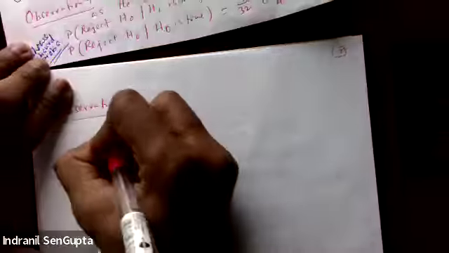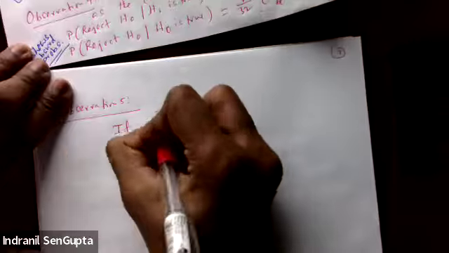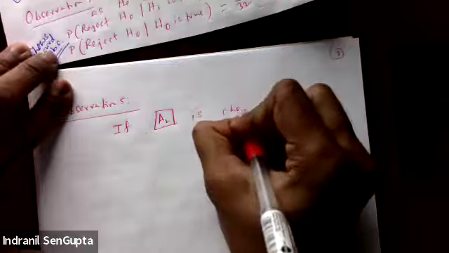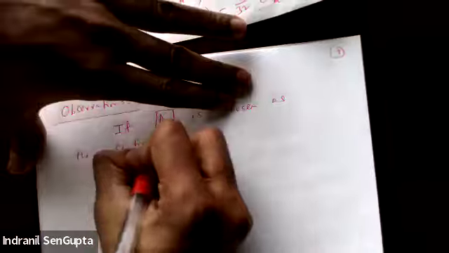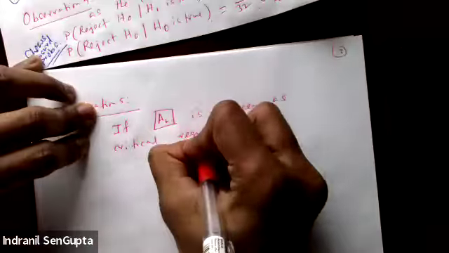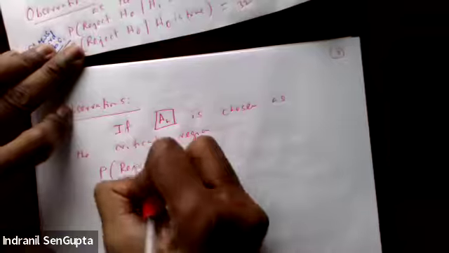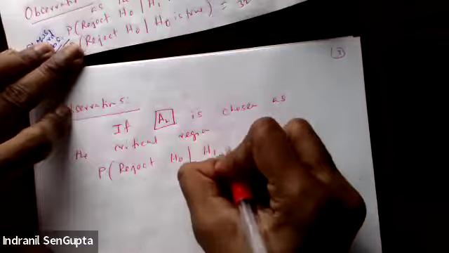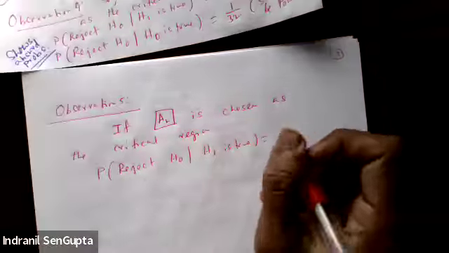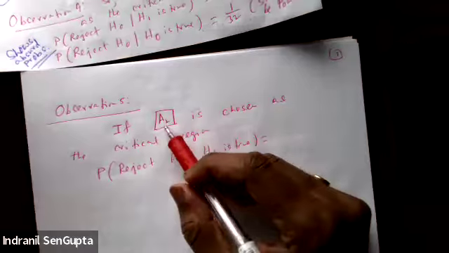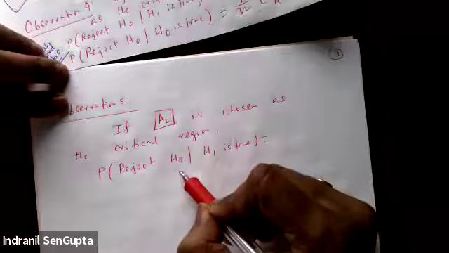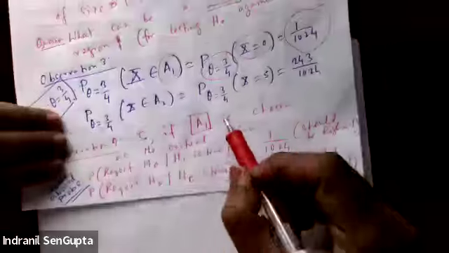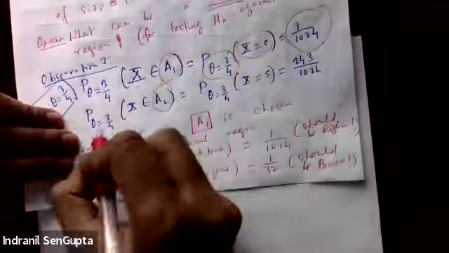Let's now use the probability if A2 is chosen as the critical region. Then the probability of rejecting H0 when H1 is true. What is that? My A2 is chosen as the critical region, so my X is in A2 under the probability of H1.